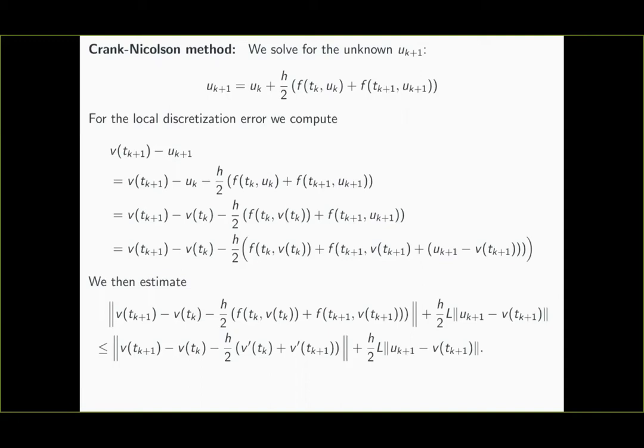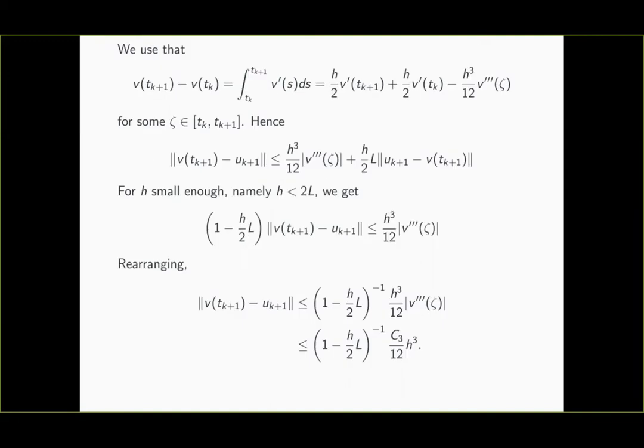Next, we apply an error estimate for the trapezoidal rule. So we still have that v(t_{k+1}) minus v(t_k) is the integral from t_k up to t_{k+1} of v'. And that integral equals the approximation by the trapezoidal rule, up to some error term.